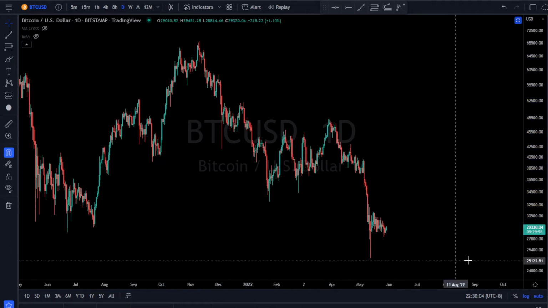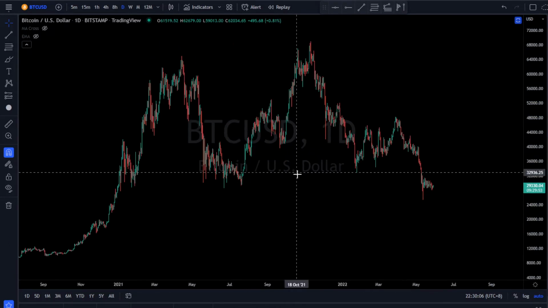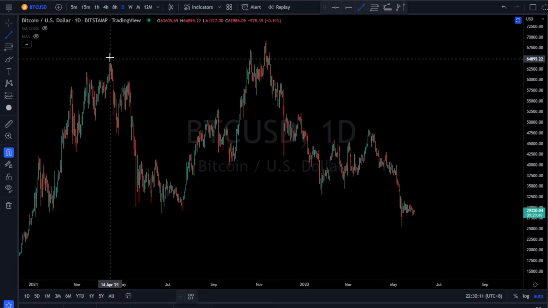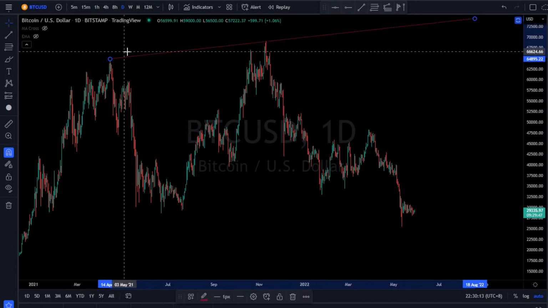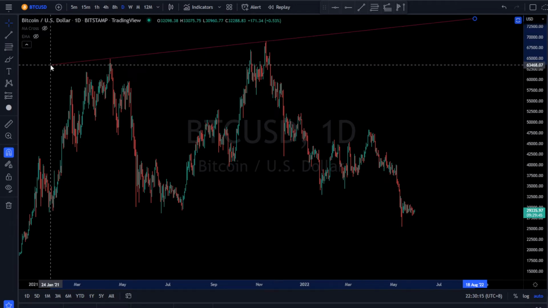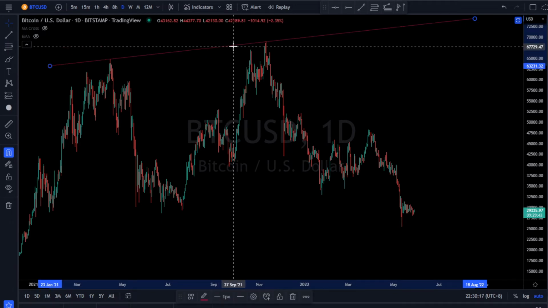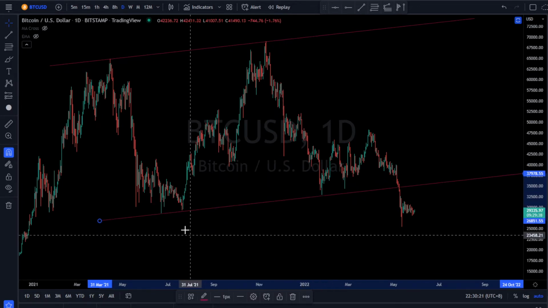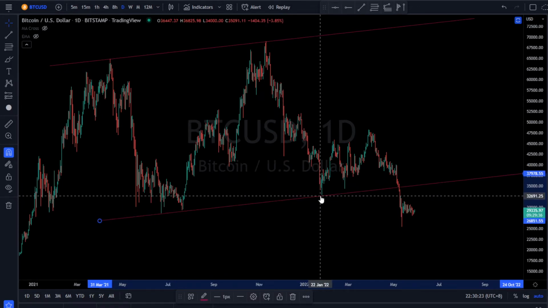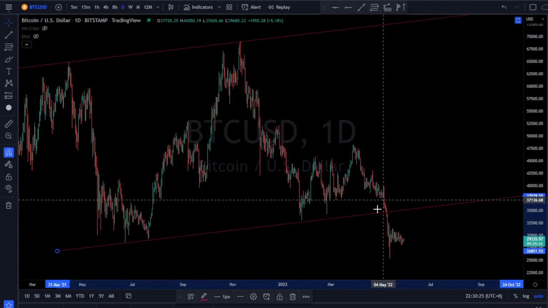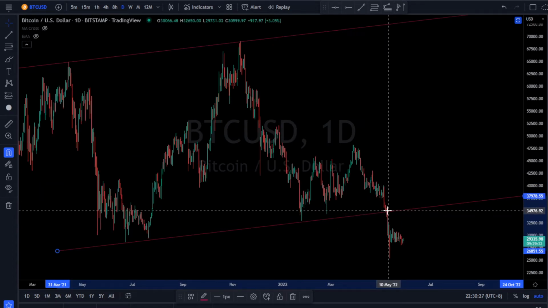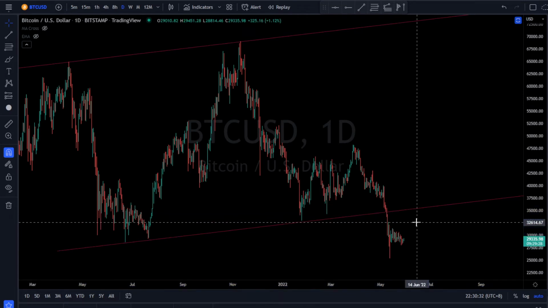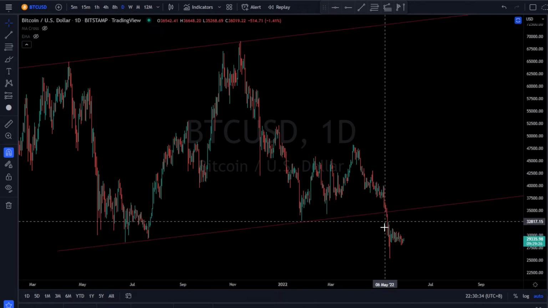Okay, and the confirmation of that is if you draw this channel over here, connect the two highs, and then you clone it down. Okay, you got the lows here, here. Again, some, myself included, we were expecting a bounce from here. It didn't, it broke down. This was the confirmation that we're now in a bear market.